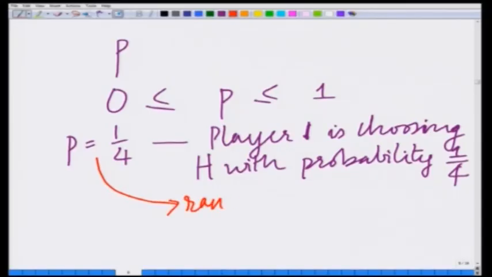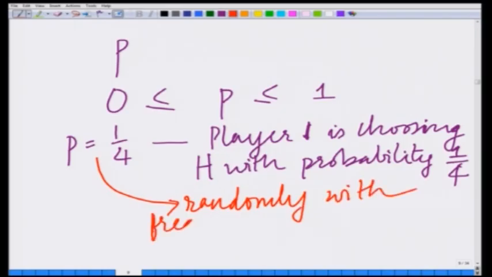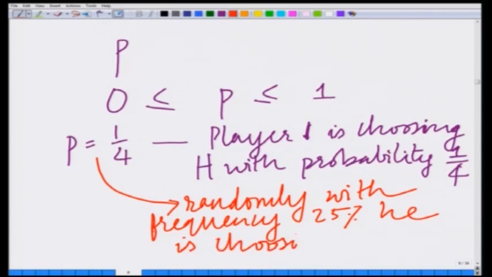So randomly, or you can say with frequency 25%, 25% of the time he is choosing heads, which means 75% of the time he should be choosing tails, which means the probability of tails is 0.75.